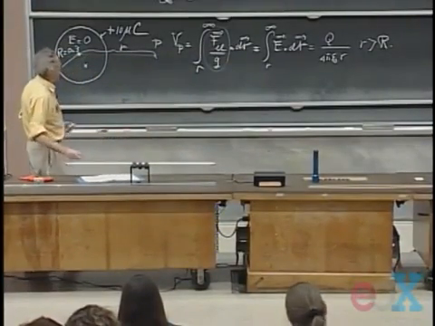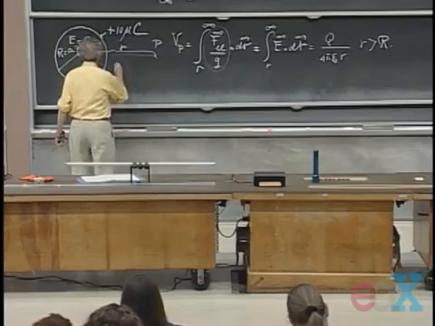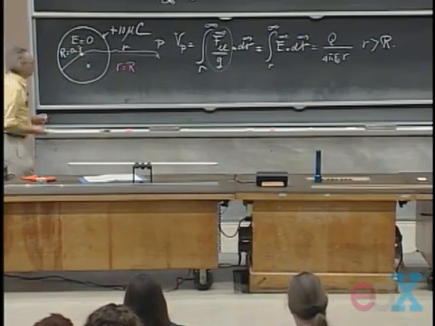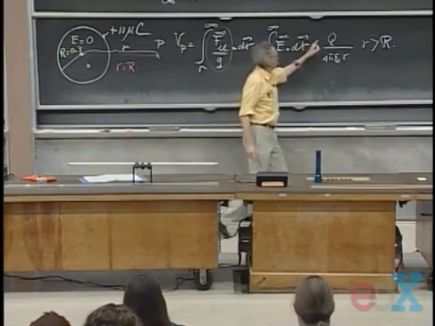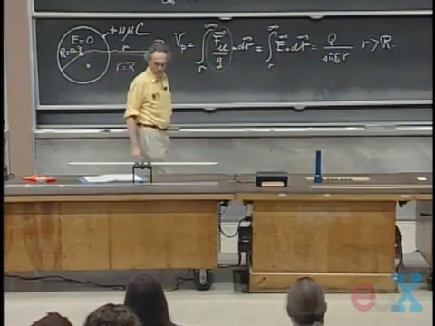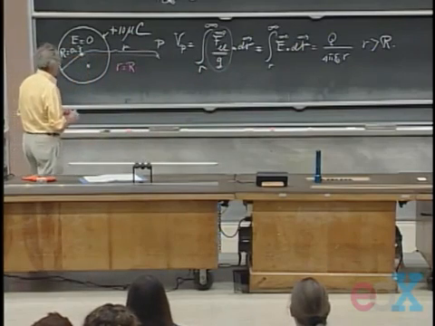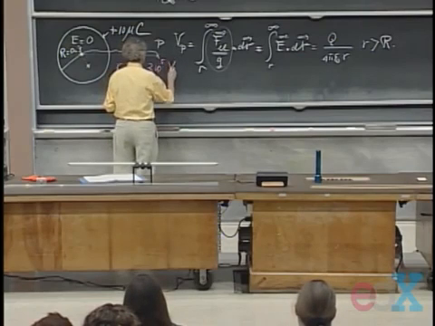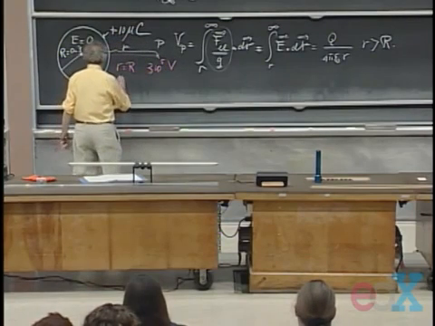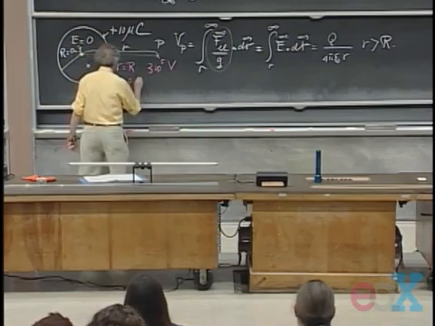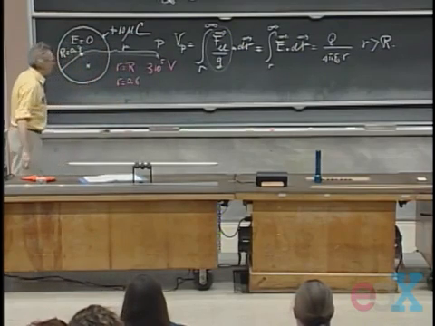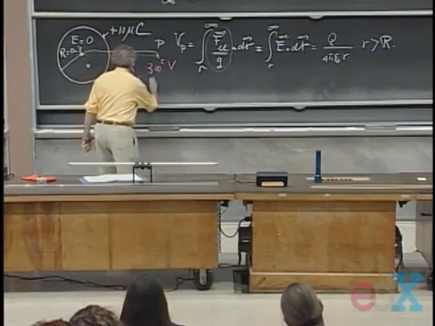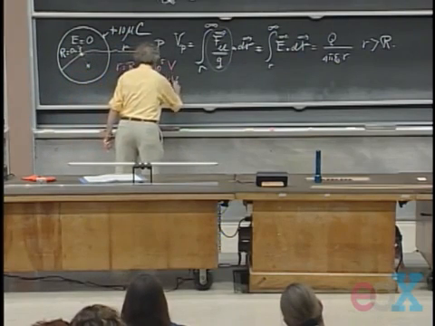We can put in some numbers. If you put in r equals R, which is 0.3 meters, and you put in here the 10 microcoulomb and here the 30 centimeters, then you'll find 300,000 volts. So you get 3 times 10 to the 5th volts. If you take r equals 60 centimeters, you double it. If you double the distance, the potential goes down by a factor of 2, it's 1 over r, so it would be 150 kilovolts.